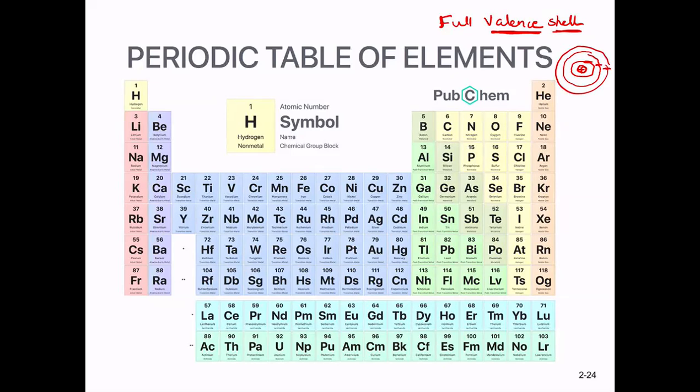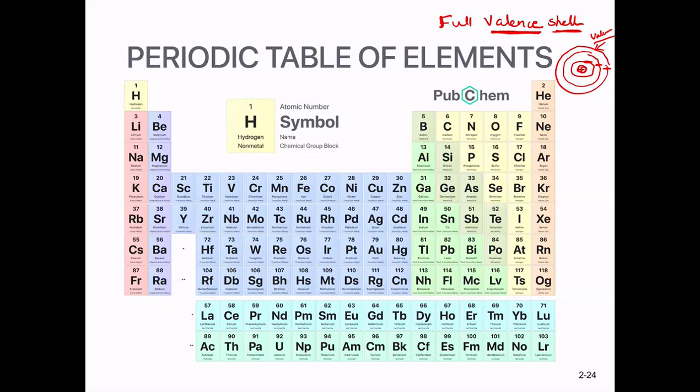Now, the outermost shell is what we call the valence shell, the very outermost shell, which is the one that is farthest from the nucleus. That's what we call the valence shell. Okay, so all atoms, they seek to have this full valence shell. Everybody wants to have a full valence shell.